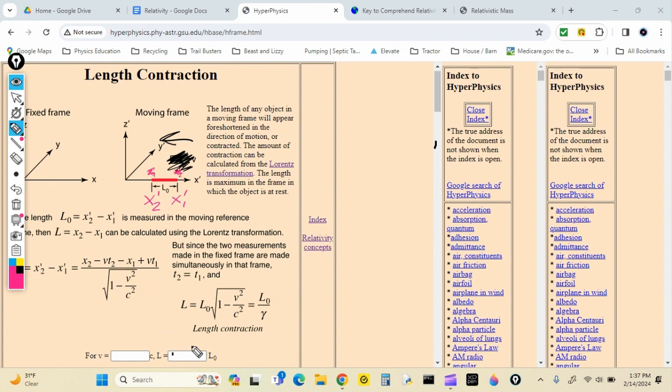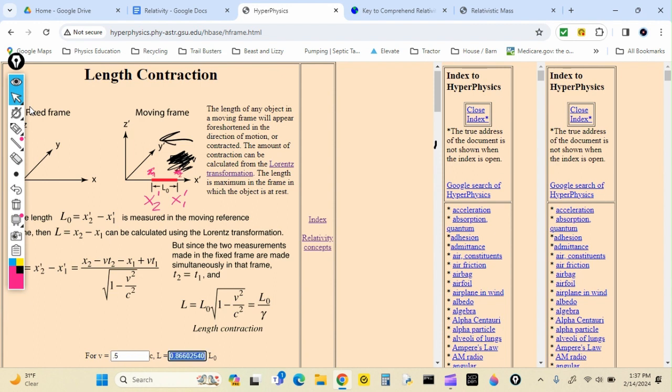Now, to see how much the length changes here, let me plug in a couple of values. For velocity, let's say it is half the speed of light, 0.5 c.